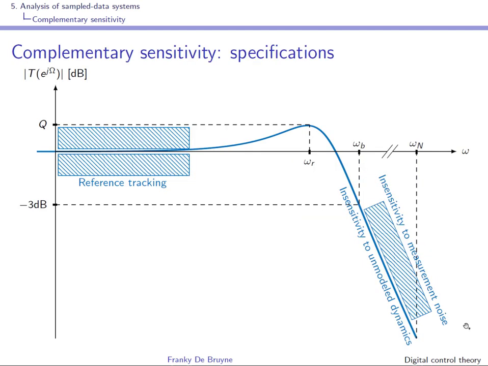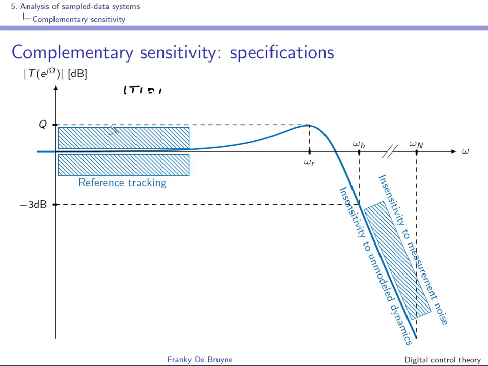We can look at those specifications visually in a Bode diagram of the complementary sensitivity, and we'll look here at the modulus of T. So the first thing that we have to do is to make sure that the modulus of T is approximately 1 over the bandwidth of the system.